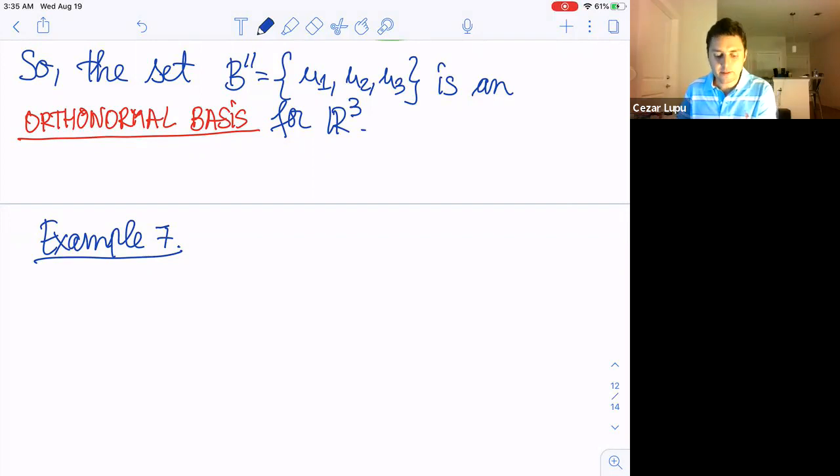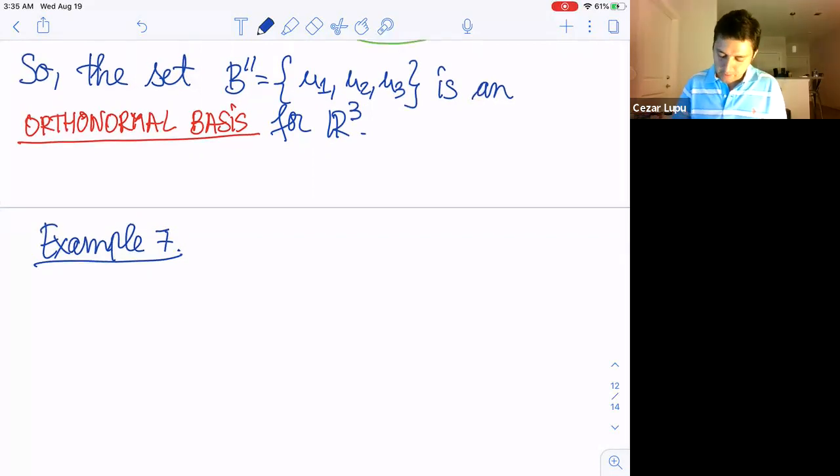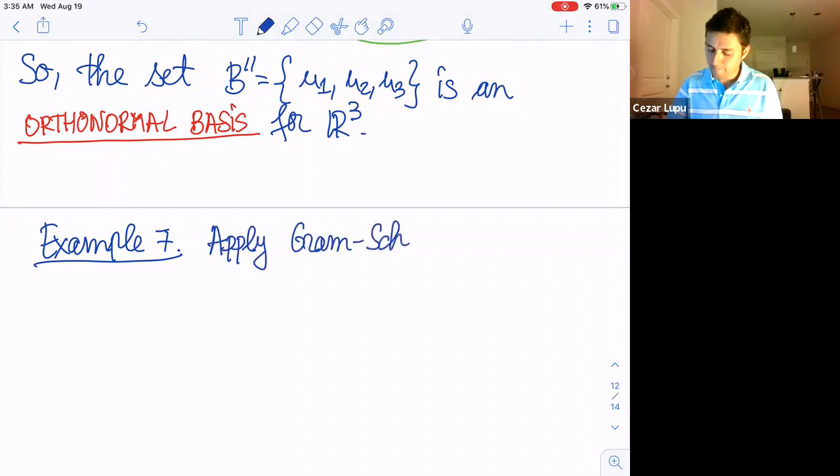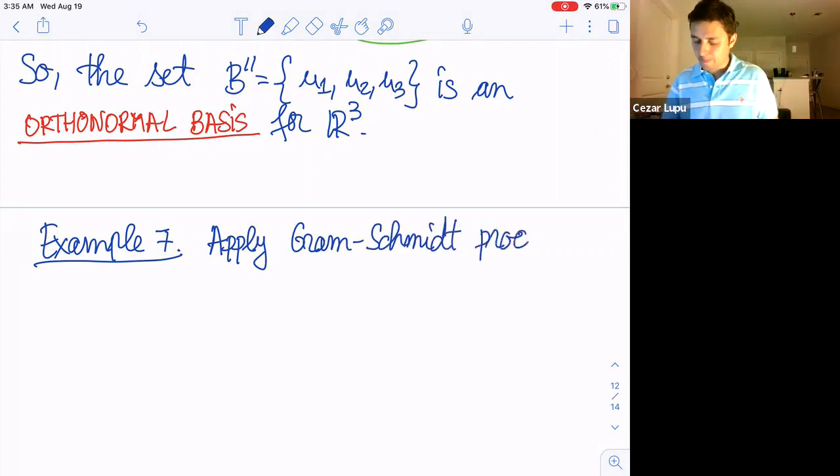And in this example 7, I want to use some integral calculus again. So again, we want to apply the Gram-Schmidt procedure to the basis.